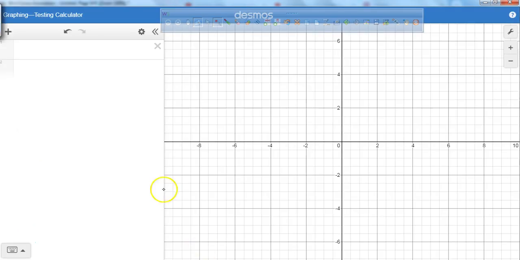Okay. Real quick, I'm going to go ahead and type this in, and hopefully you guys will see how it works. And I want to make sure you know how to type things into the Desmos graphing calculator.